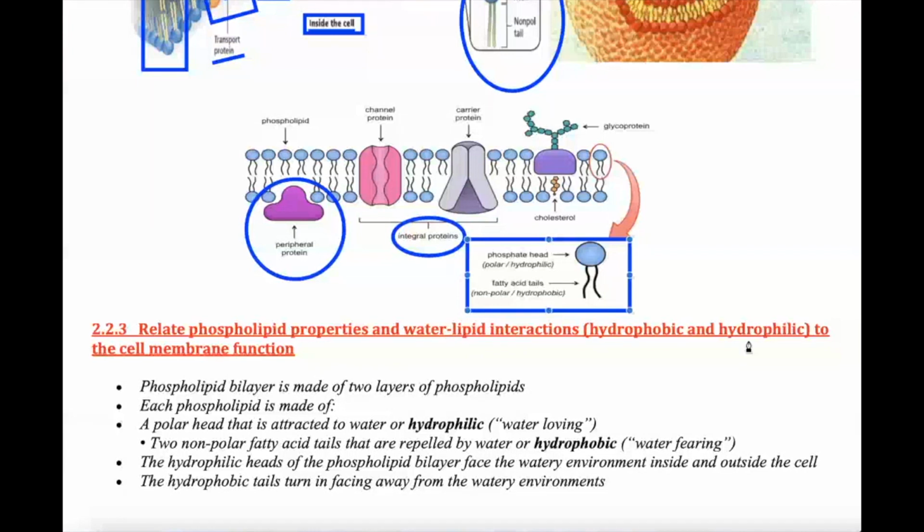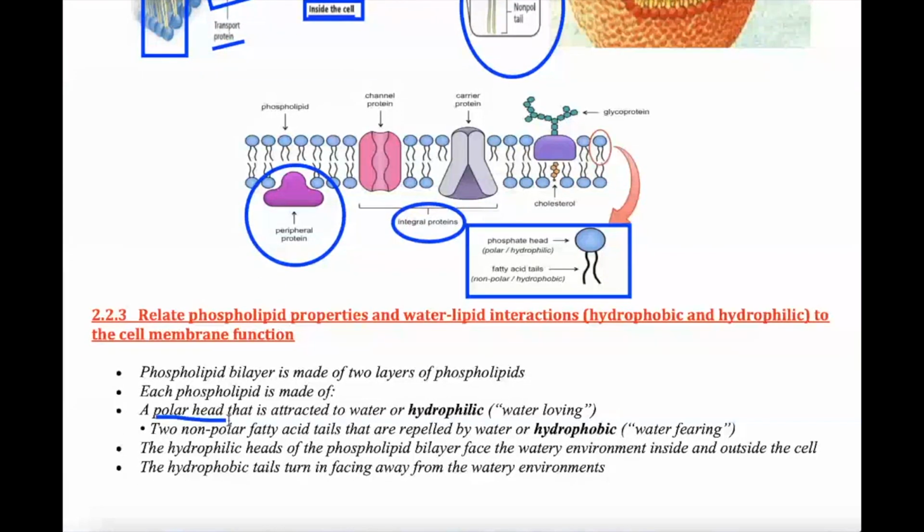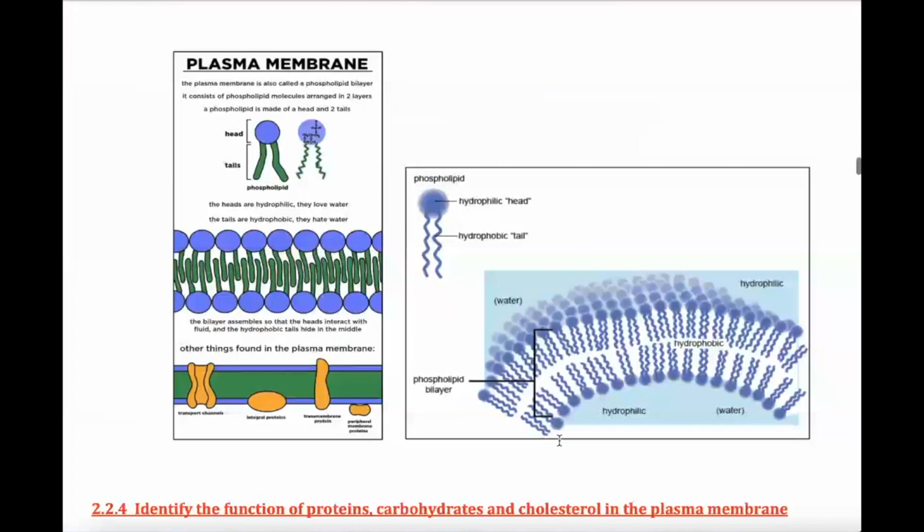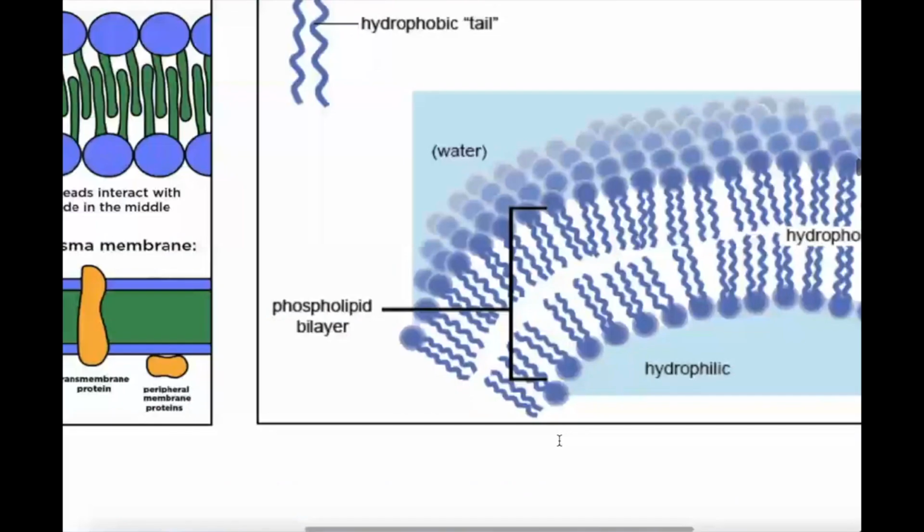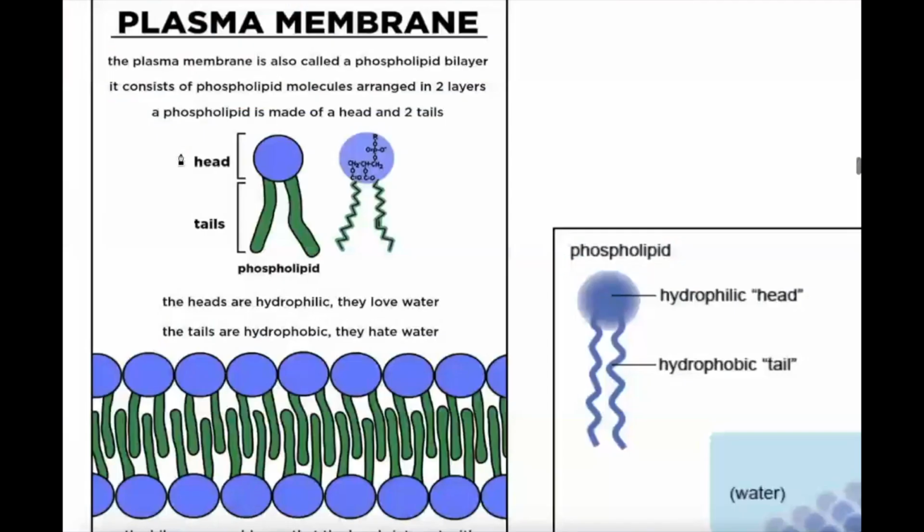So we know that the polar head is hydrophilic, water loving, and the two non-polar tails are hydrophobic, water fearing. Always the polar heads face outside and the fatty tails face the interior of the cell membrane. Again, boys, there are many different kinds of orientations. You have to try to go over these.